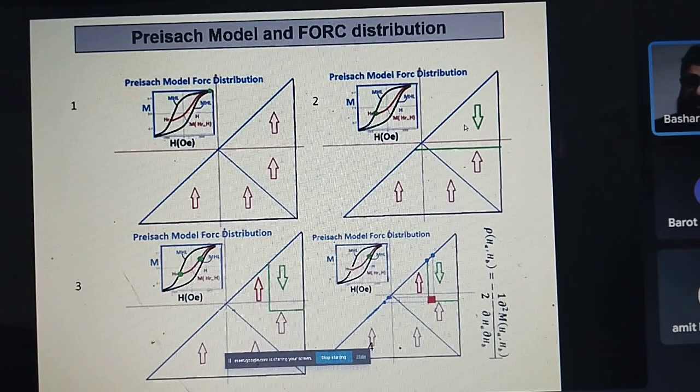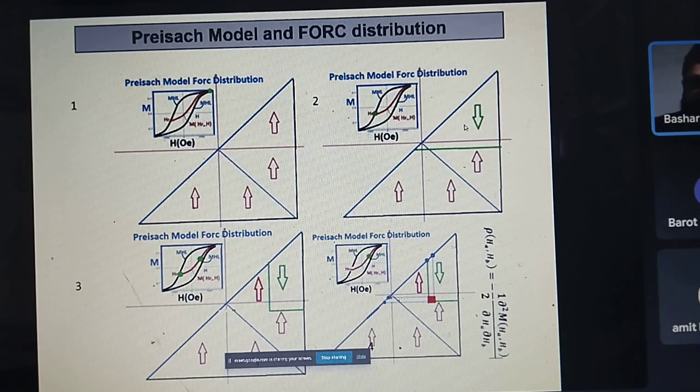Here, at this green dot, I start reducing the magnetic field, but I don't go to the full reversal. What will happen? Some of the domains or some of the particles of the system will reverse their state of magnetization, but others will not. Others will only do it if you go through the complete reversal.